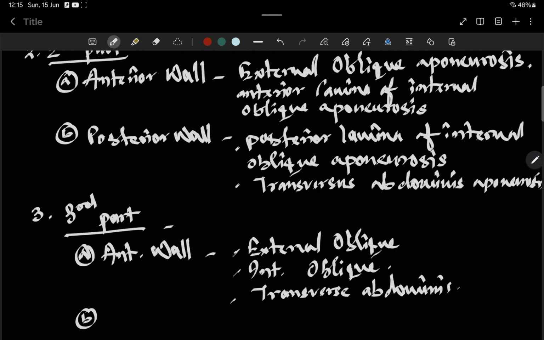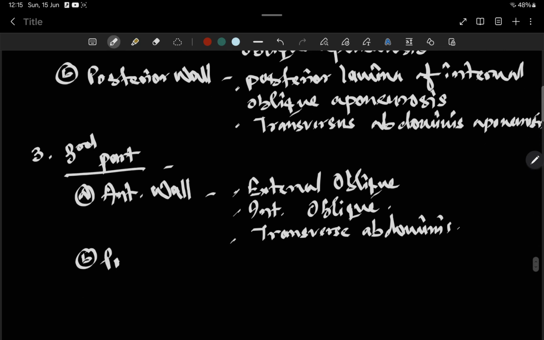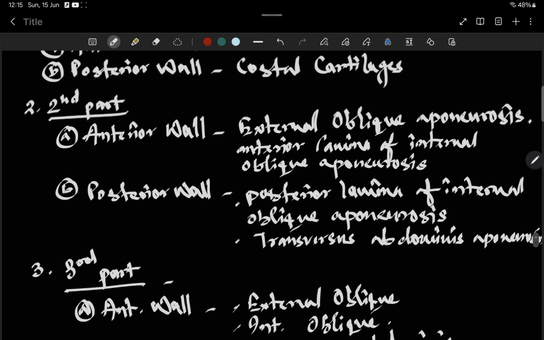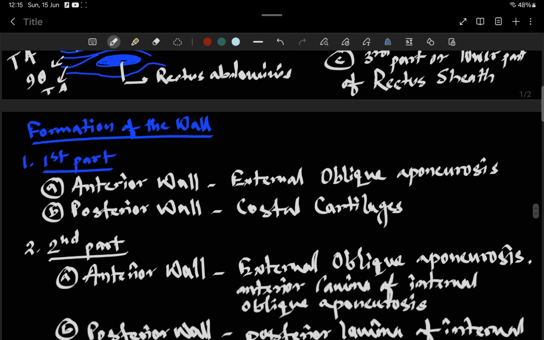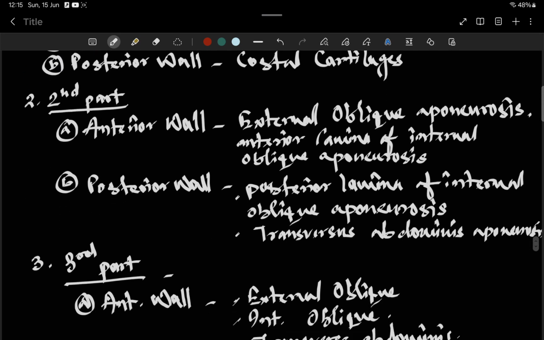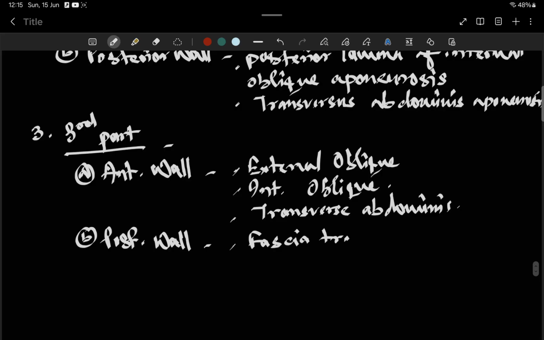And the posterior wall is formed by the fascia transversalis.